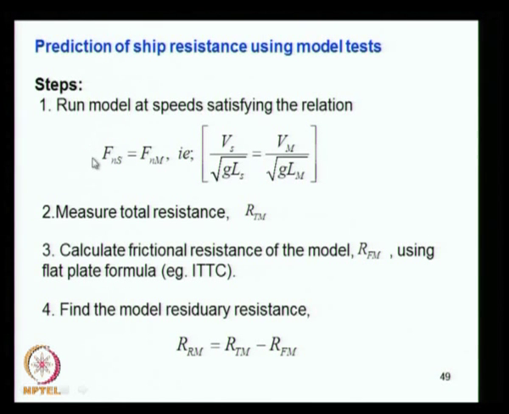So that is the relation, which is practically possible in a lab condition. When you run the model at that speed, you measure the total resistance of the model using a dynamometer or maybe a load cell, at different speeds.